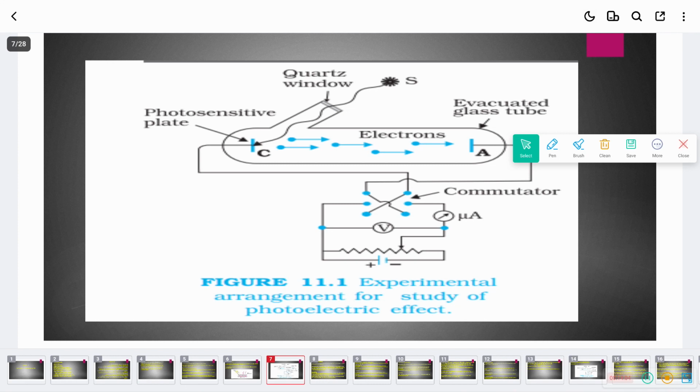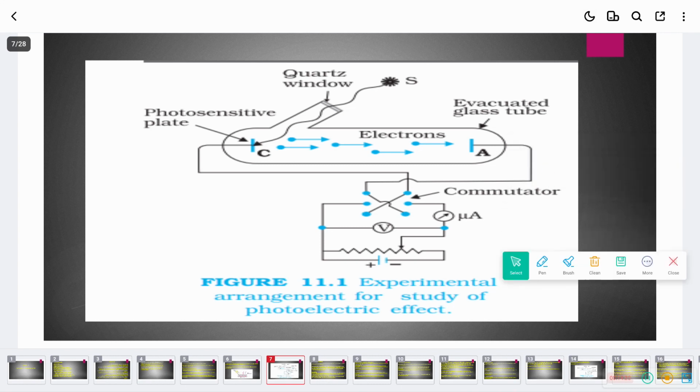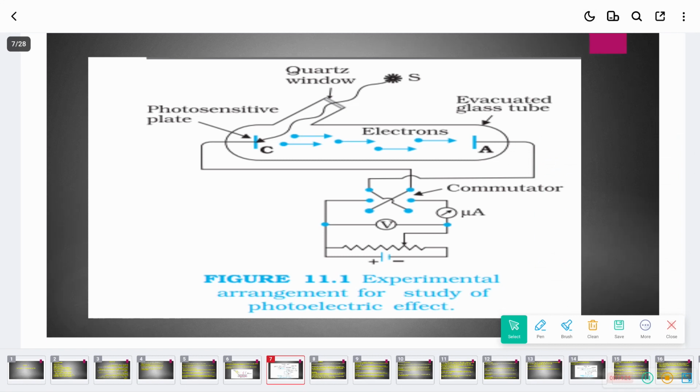In your NCERT book, the experimental arrangement of the photoelectric effect is given; this one is taken from the NCERT book. So if in your exam they ask you to draw the experimental setup of the photoelectric effect, then you have to draw this diagram. What is present here? You have a glass tube.